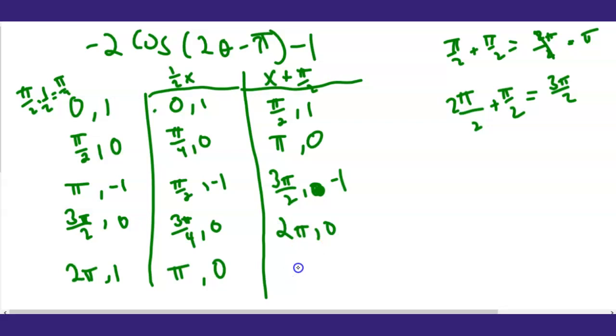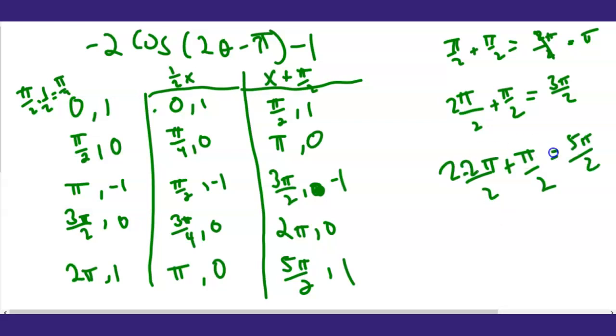And 2 pi plus pi over 2 is going to be 5 pi over 2. I need a denominator of 2, so 2 times 2 is 4, and 4 plus 1 is 5. If you didn't understand that, rewind it and listen, and you'll hear it again.